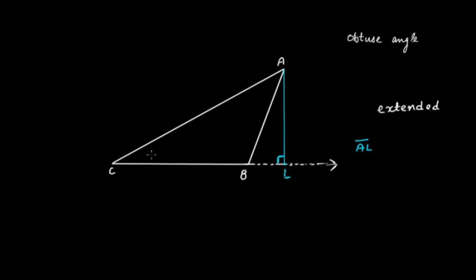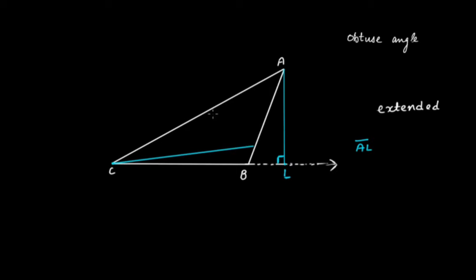Now you can draw from this vertex C an altitude or height on this opposite side, and that can be something like this. Though it's not looking very accurate, we cannot do it better without a protractor.